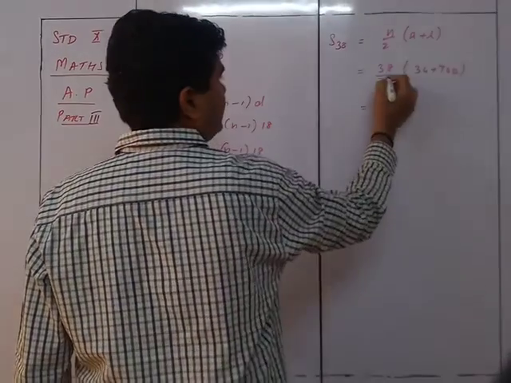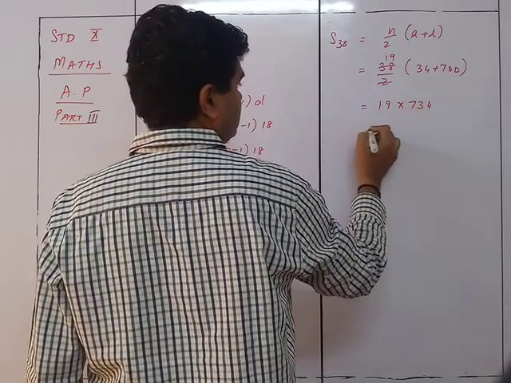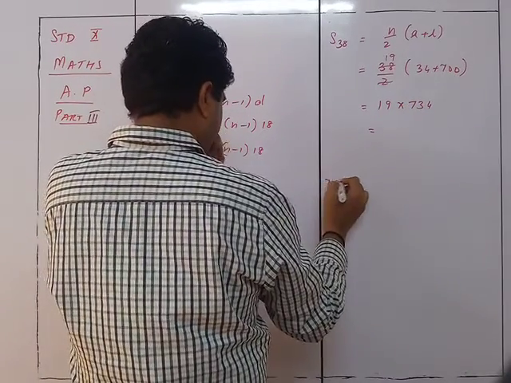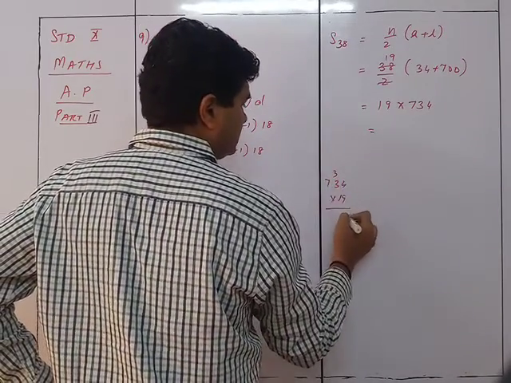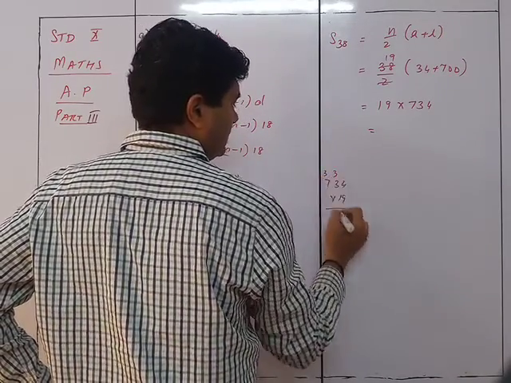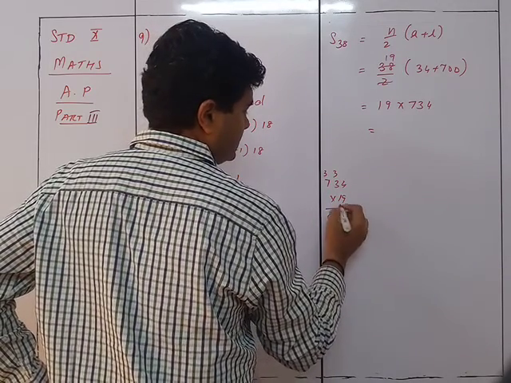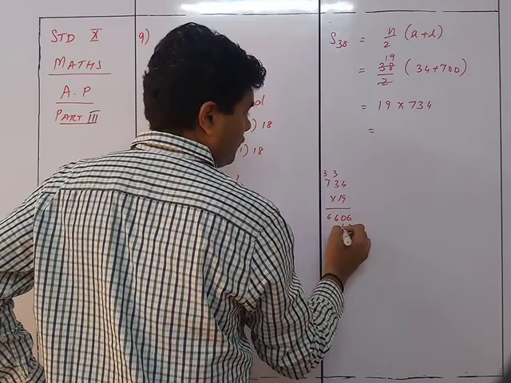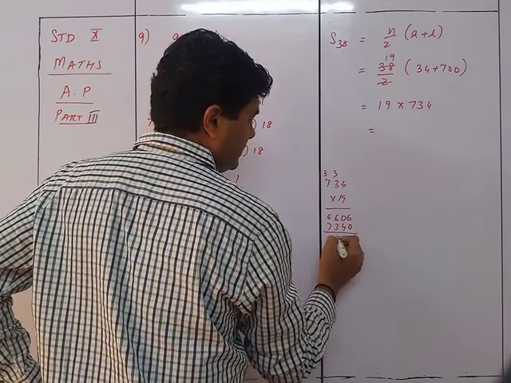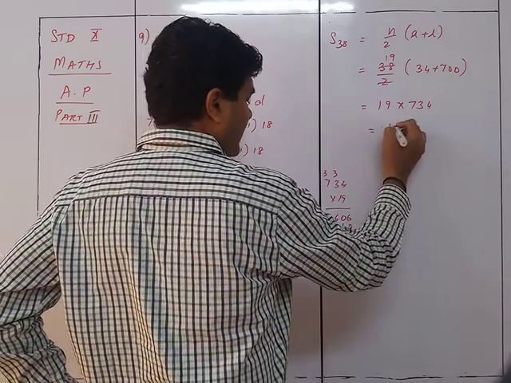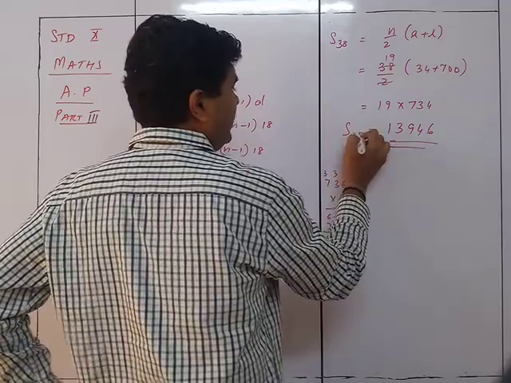So that will be 19 into 734. Multiplying, it is 13946 as S38.